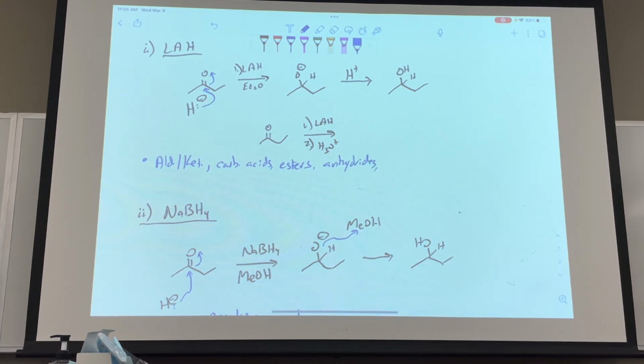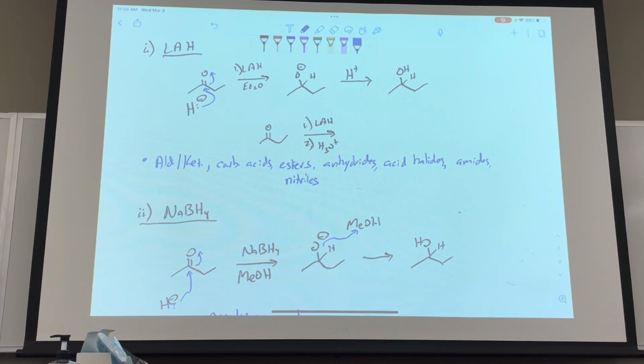It'll reduce acid halides. It'll reduce amides. It'll reduce nitriles. Am I missing anything? Probably. But anyway, you can see from this laundry list of functional groups that are reduced by LAH that it is a much, much stronger reducing agent than borohydride.